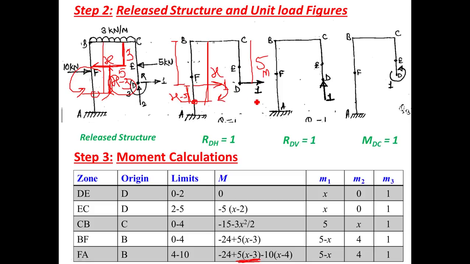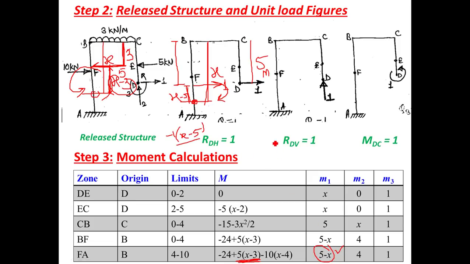So minus 1 into x minus 5. You can take that minus sign inside, and it becomes 5 minus x. So that's why here 5 minus x is written.